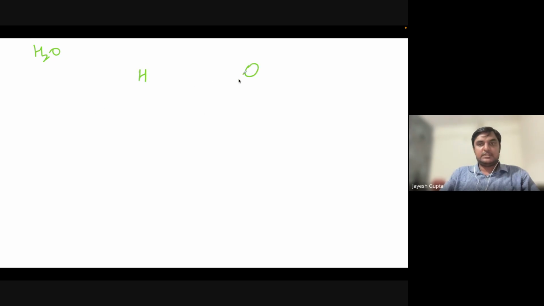So hydrogen and oxygen. So 1s1, like you told. So there will be 2 hydrogen atoms. So it will also have 1s1, one single electron, one single electron. In oxygen, you have 1s2, 2s2, 2p4.